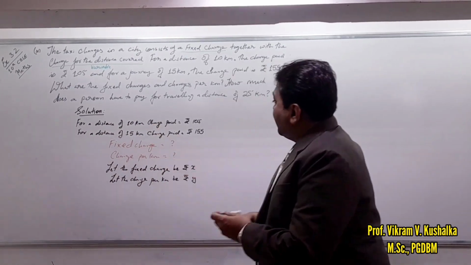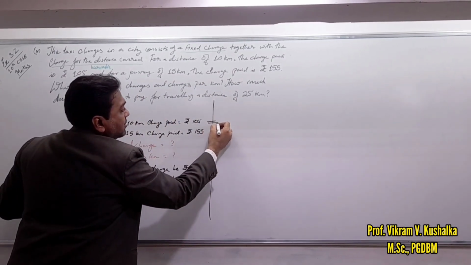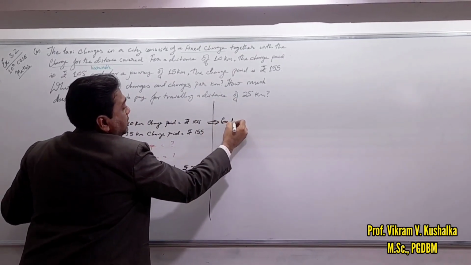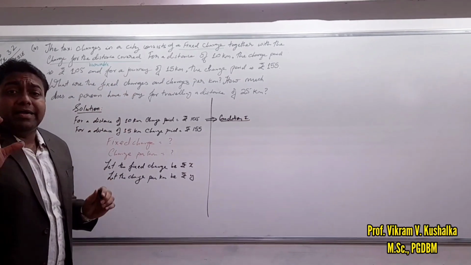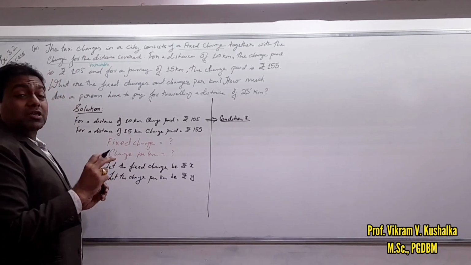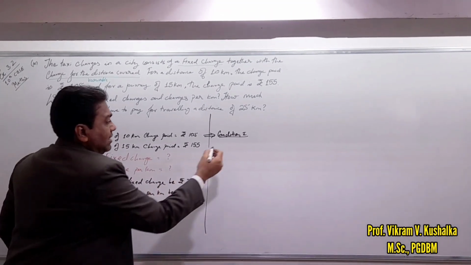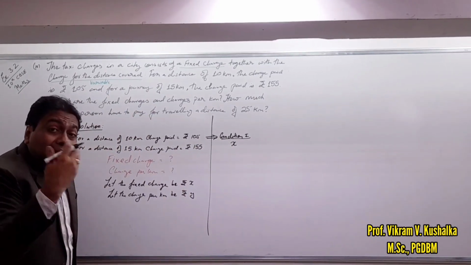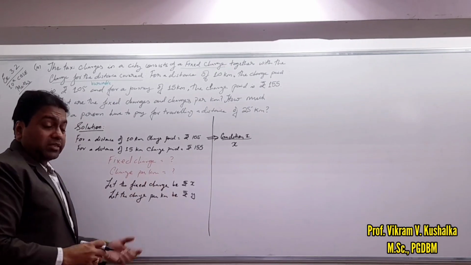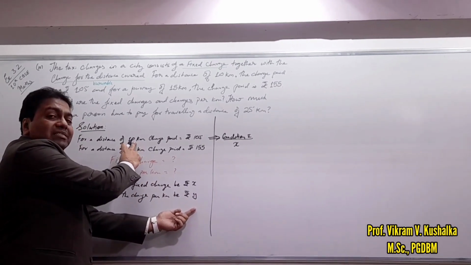So considering condition number 1 over here, I can frame my equation number 1. And what is going to be my equation number 1? Fixed charge I have taken as x. So that I am any which way expected to pay x, plus there will be charge per kilometer. Charge per kilometer is y, and total kilometer traveled is 10 kilometers.